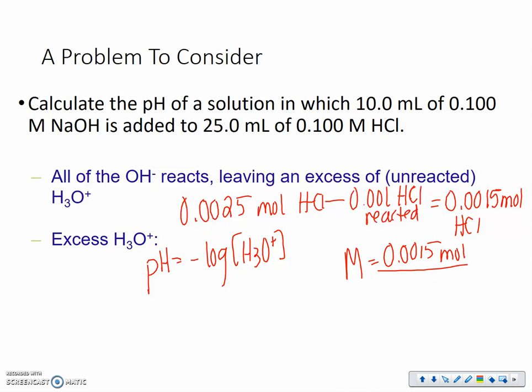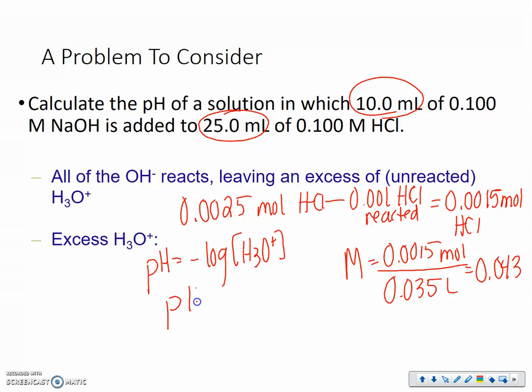Now I have 35 milliliters total because those two things were added together. So my concentration is 0.043. So now I can find my pH.